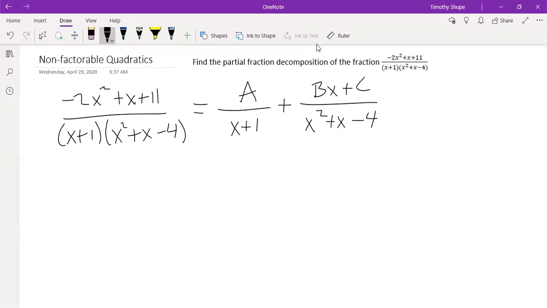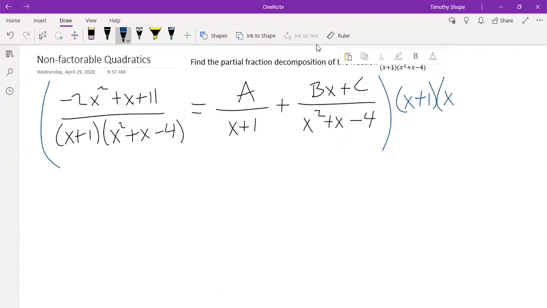Because the reality is this is potentially two factors that have already been combined together, and we might have more things happening up in the numerator than just a single variable. So we're going to account for that by putting a bx plus c up in that numerator. Now once we do that, we can continue just like we would with any of the others and multiply through by that common denominator that we had in the original fraction.